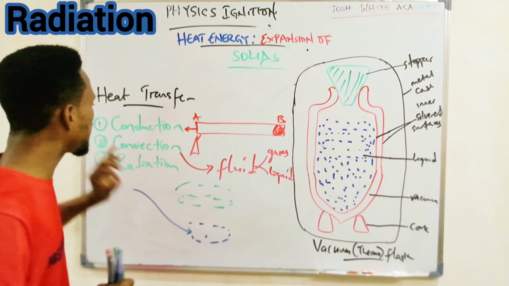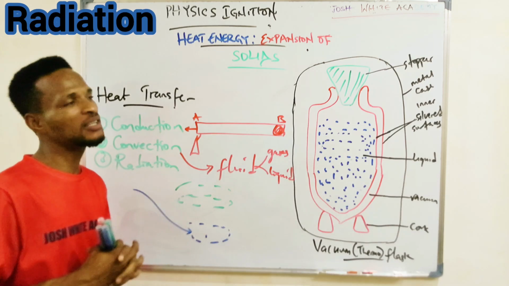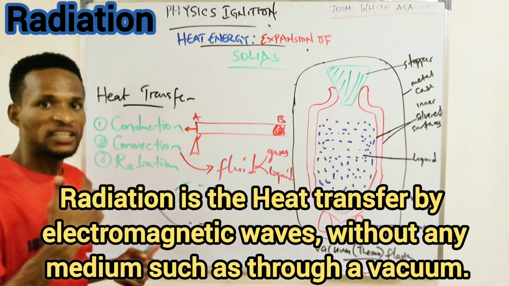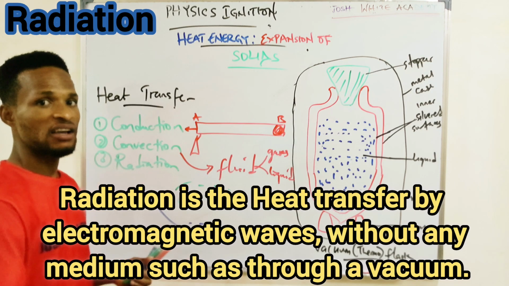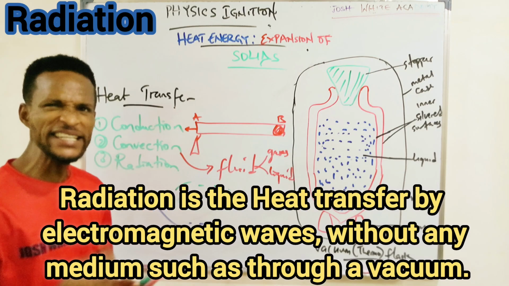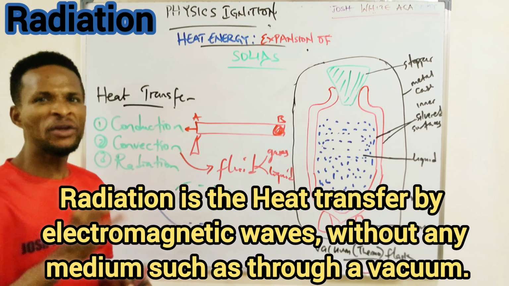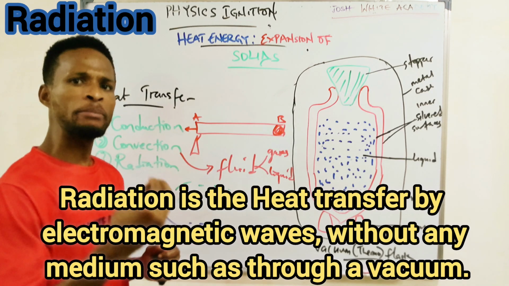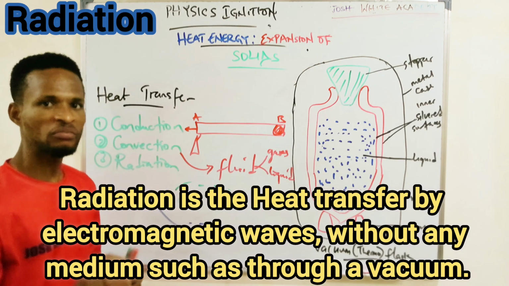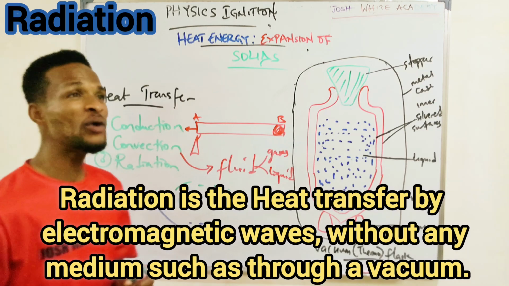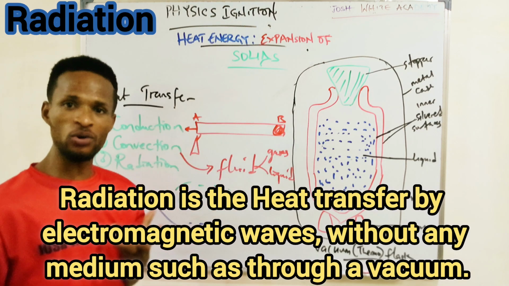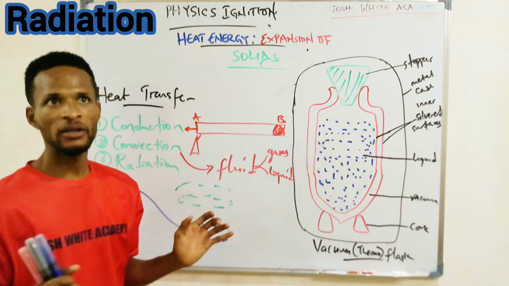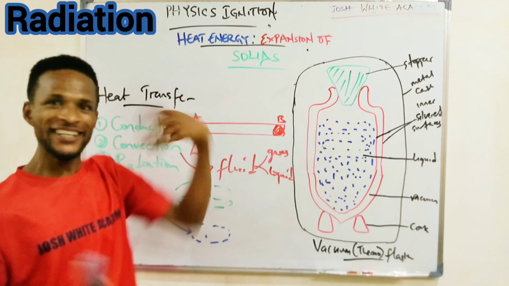And lastly, we have radiation. Radiation has to do with the movement or transfer of heat without the need of a material medium. For instance, the way the heat of the sun reaches us is through radiation, because the intervening medium is not heated.